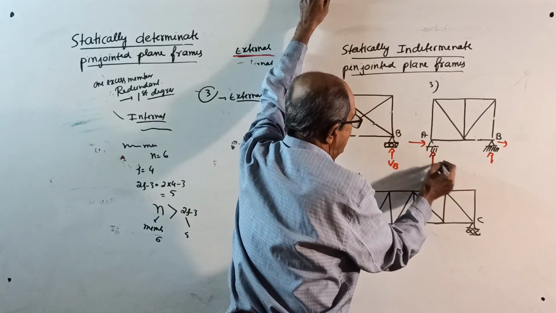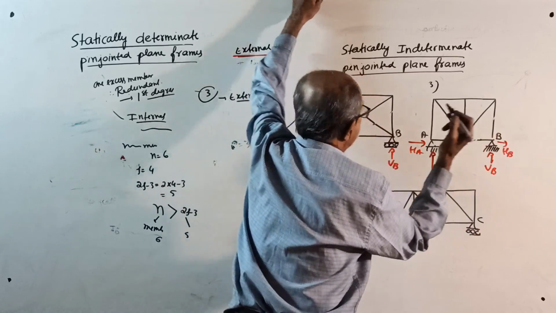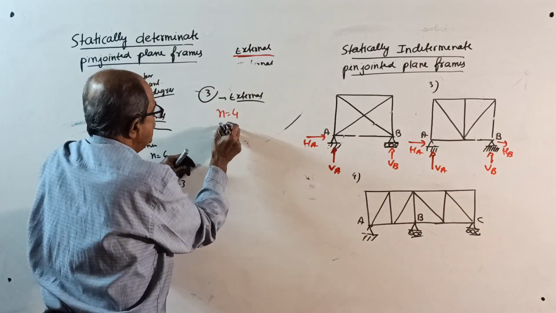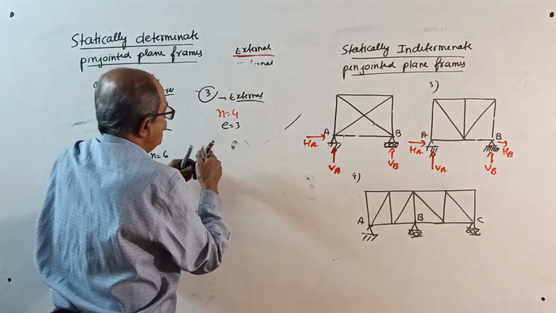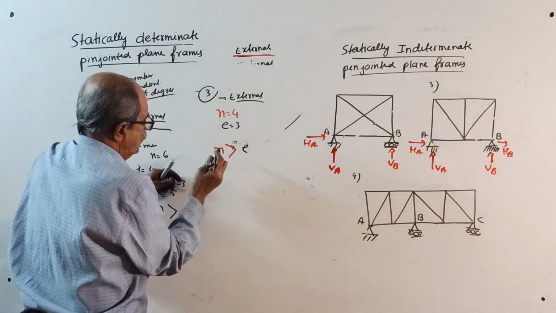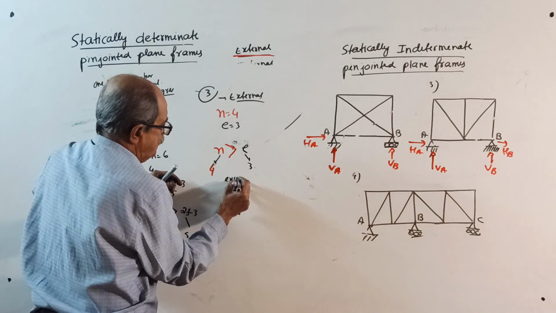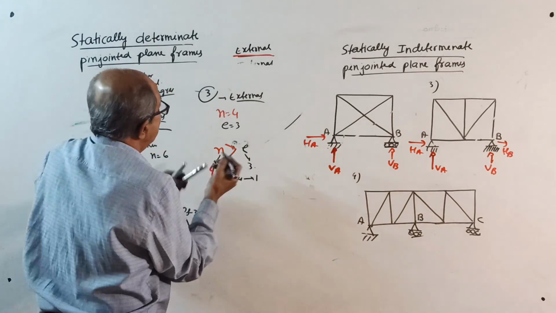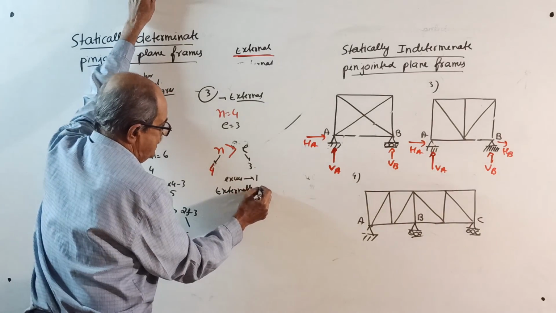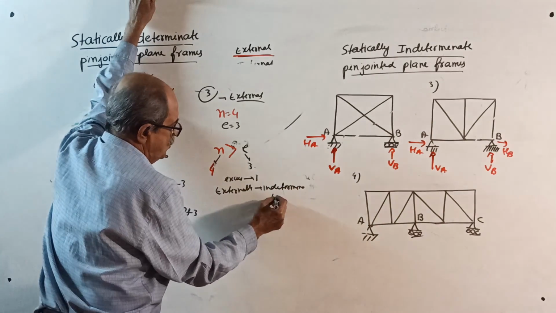VA, HA, VB, HB. The number of unknowns is 4. The number of equations is only 3. So your number of unknowns is more than the number of equations. Unknowns 4, equations 3, therefore an excess of 1. So this is externally indeterminate to first degree.